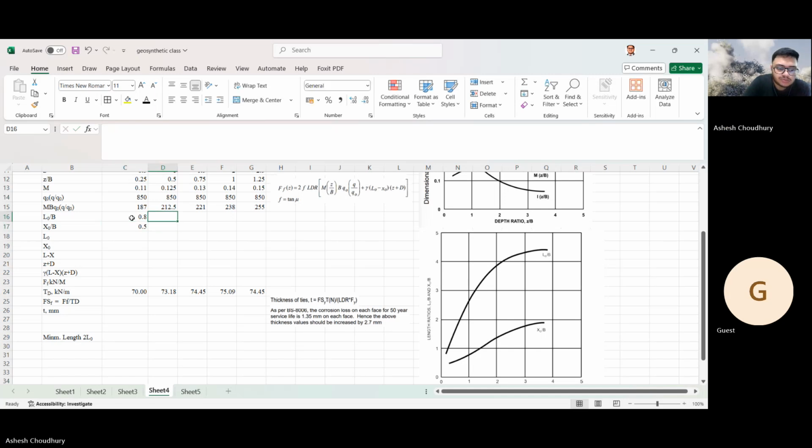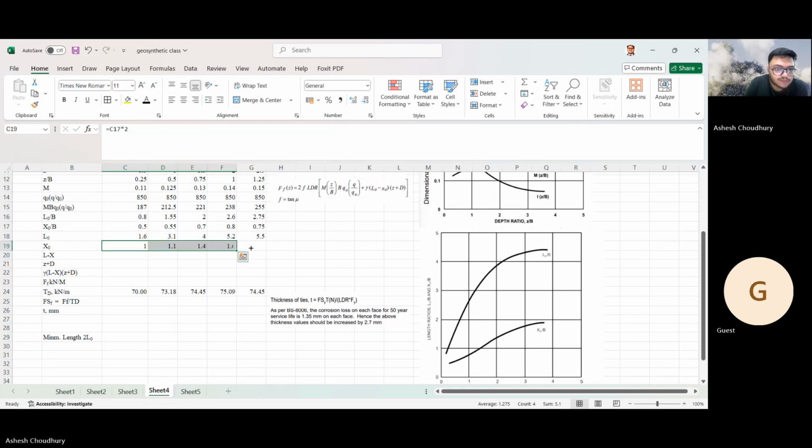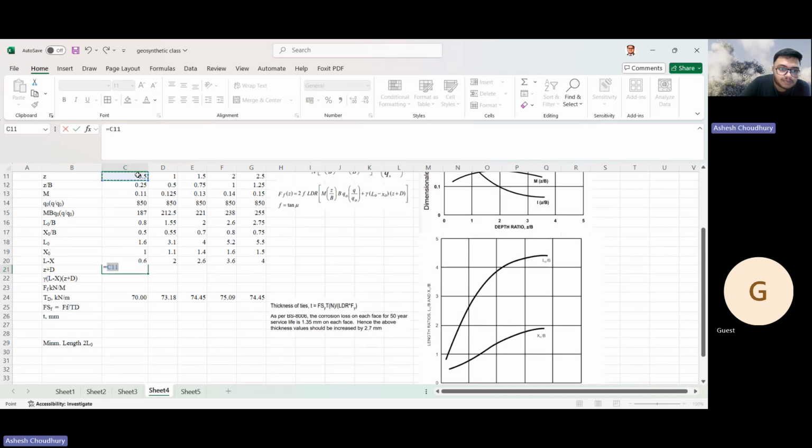So L naught is L naught by B times B, and X naught is X naught by B times B. Now L naught minus X naught, Z plus D, where Z plus D is 1 meter.